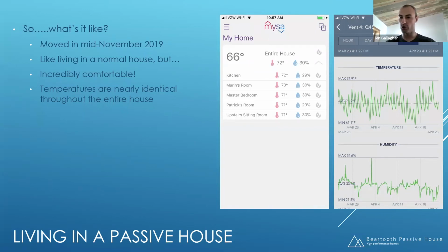That thermostat also measures, besides temperature, relative humidity, and the amount of energy used by that thermostat. So this first picture is just a screenshot of the app that the thermostat company has. You can see I snapped this at 11 o'clock this morning. Each one of those bedrooms and rooms was no more than 2 degrees different from each other, and their humidities were all pretty much exactly the same.